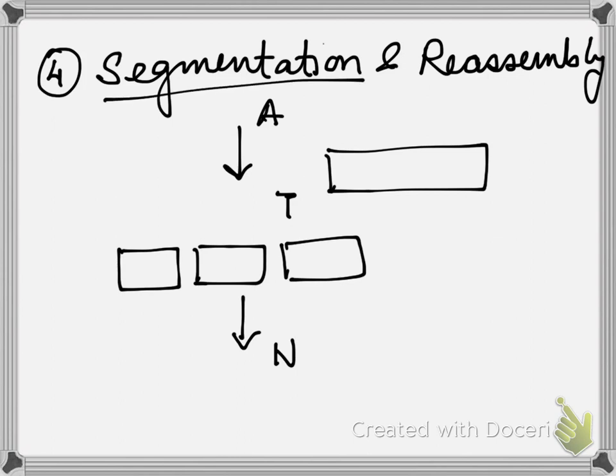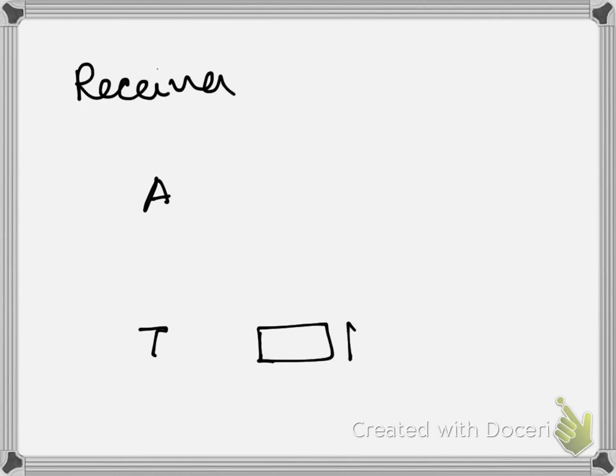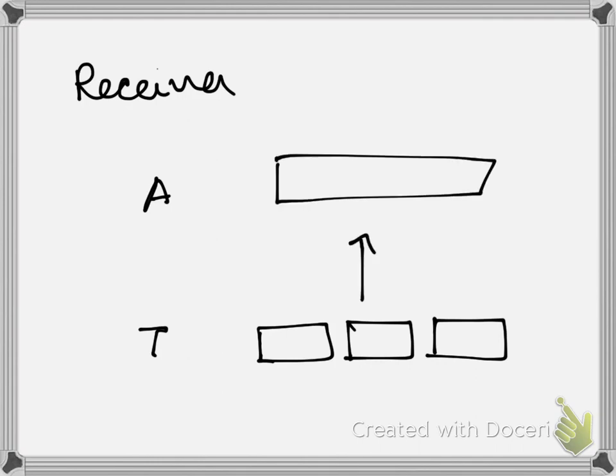And now at the receiver end, this is at the sender level. Now at the receiver level, there is the transport layer of the receiver, and then the application layer. So the transport layer will again receive these small units, and what it has to give to the application layer is not the small pieces but the entire message.